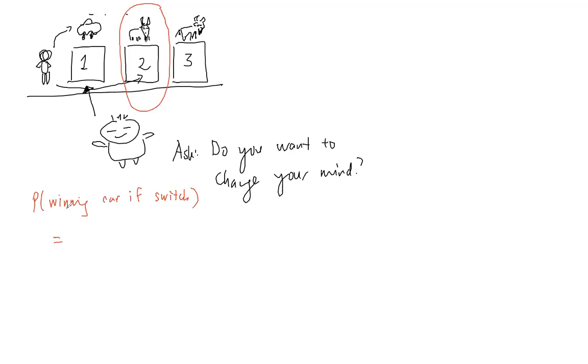So most people would think that it doesn't matter. They will say that it is 1/2, because for them it feels like if you show me this thing, then I eliminate this. Then the car is either here or here. Doesn't matter. You still have 50% chance of being a car.